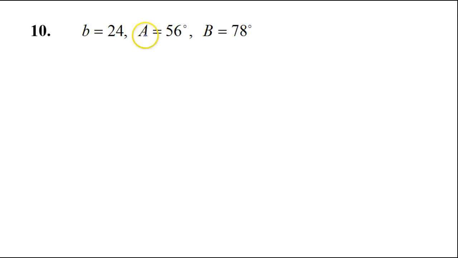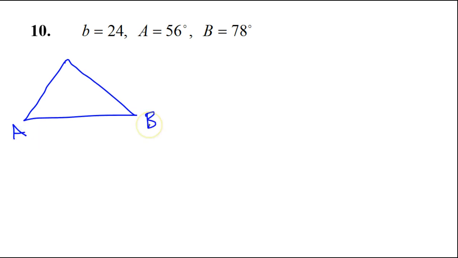For number 10, we are given two angles and a side. That means this is neither side, angle, side, nor side, side, side. So let's draw a diagram so we can get a better feel for what we are dealing with. Okay, so let's say this is triangle ABC.